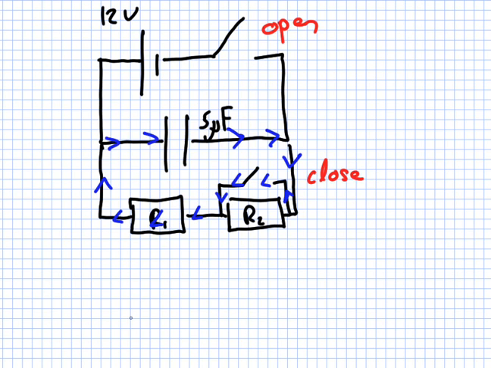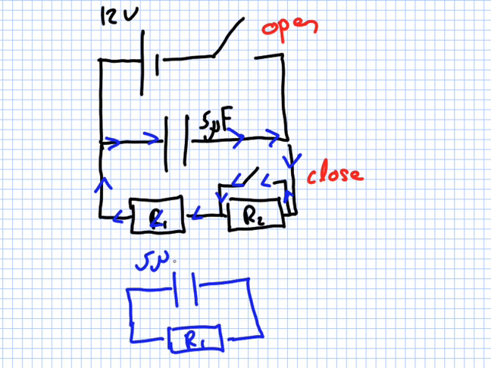So basically the problem at the beginning is a simple problem of a capacitor discharging into a resistor R1, and the capacitor is 5 microfarads. Then 30 seconds later this is opened, so the current passes through it as well.